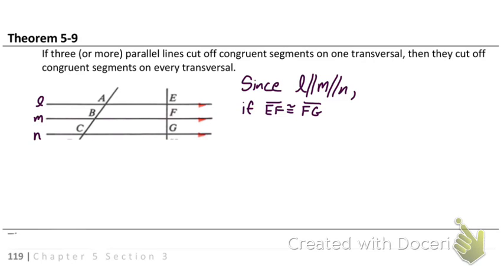So if this segment is congruent to this segment, that means this segment is congruent to that segment as well. So if EF is congruent to FG, then AB is congruent to BC.